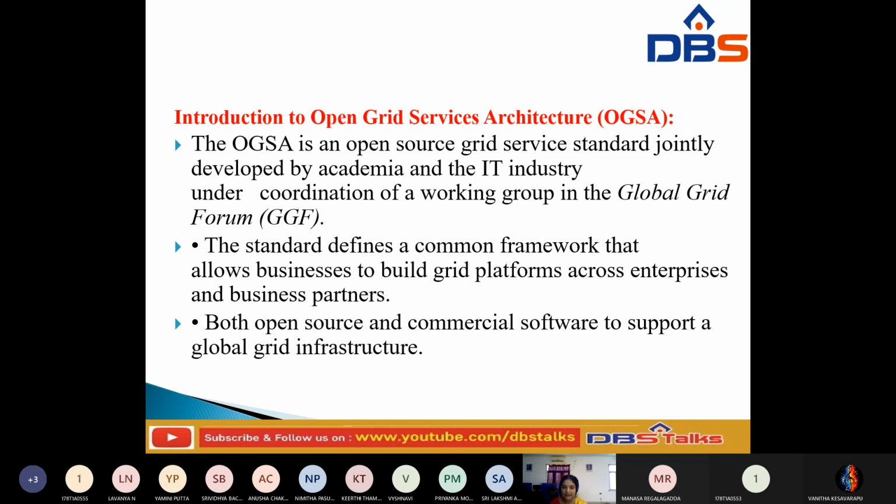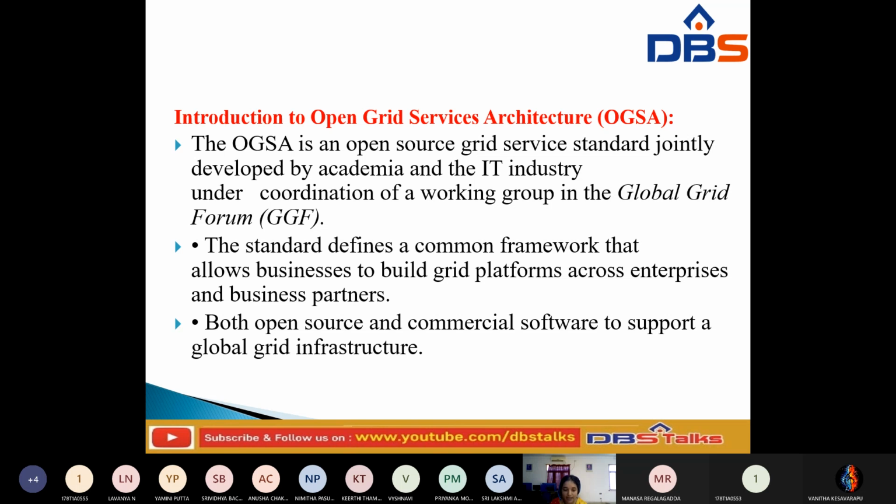OGSA is an open source grid service standard jointly developed by academia and the IT industry under the coordination of a working group in the Global Grid Forum, GGF. It is a standard defined by a common framework, and it allows mainly businesses to build grid platforms across enterprises and business partners, using both open source and commercial software to support a global grid infrastructure. So this is the introduction of OGSA.